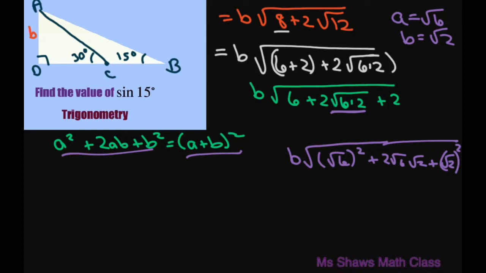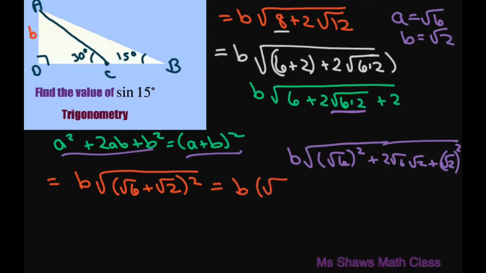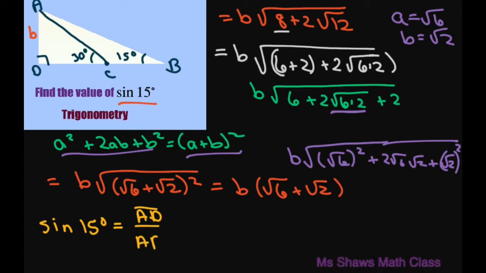So basically, all of that was just to write this as b times the square root of 6 plus square root of 2 squared, which is just going to equal b times square root of 6 plus square root of 2. All right, now let's get to our question. We have sine of 15 degrees equals AD divided by the length of AB.